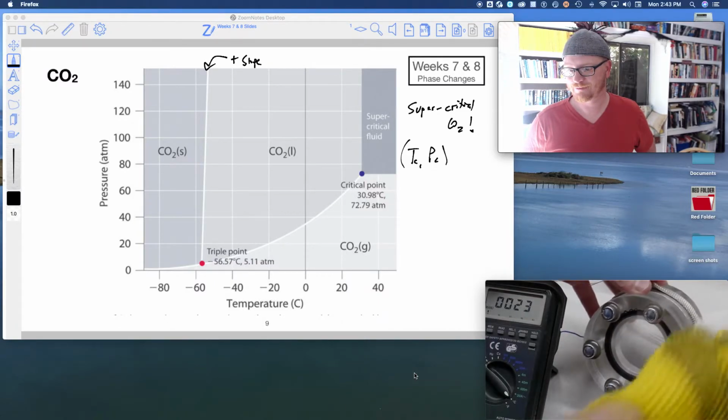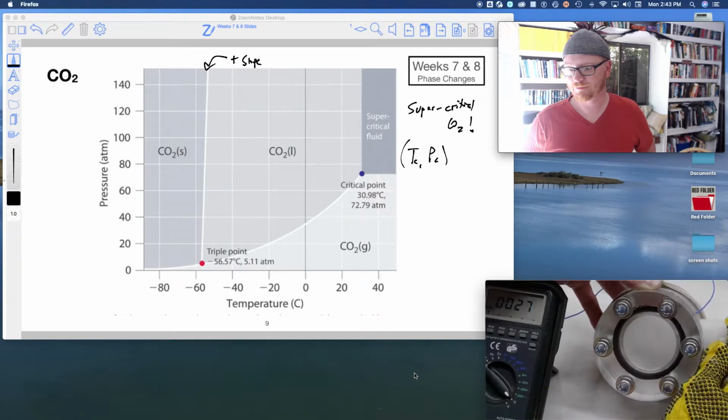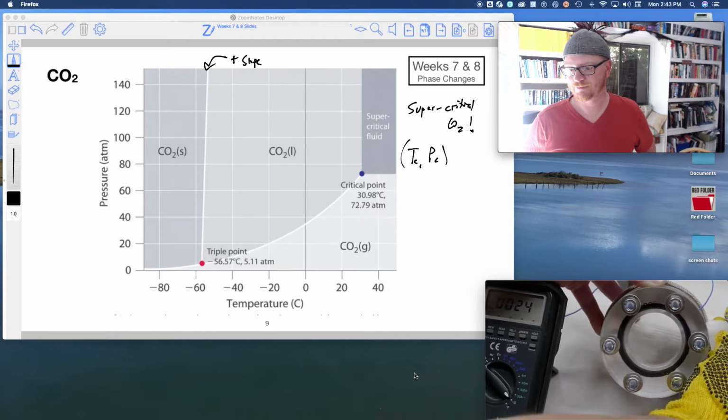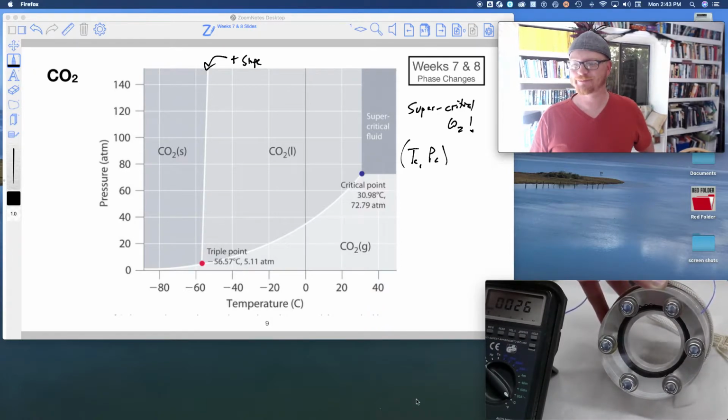So check this out. Surprisingly, this actually works better with just water ice, since it melts and makes a nice contact between the aluminum and the ice cube. There you go. Back to liquid CO2. Back to two phases.